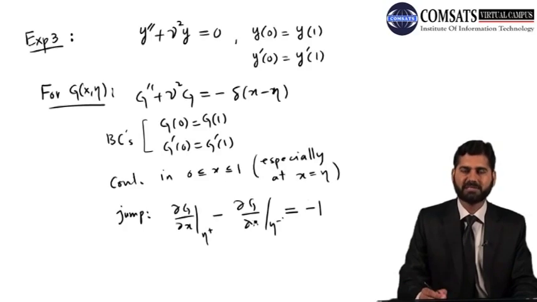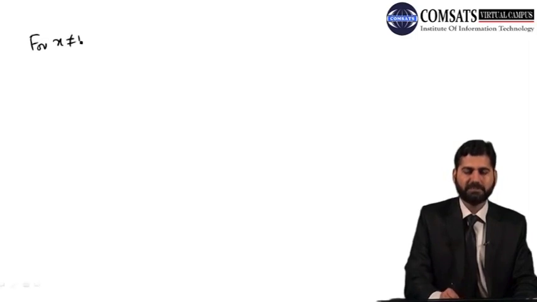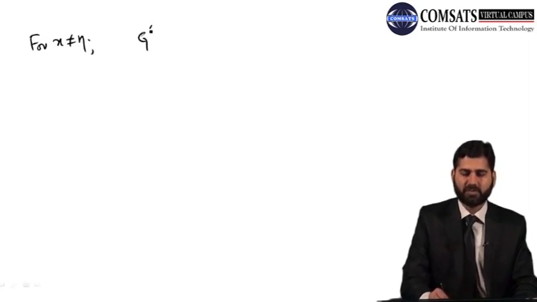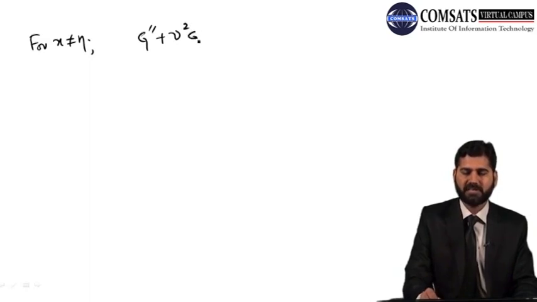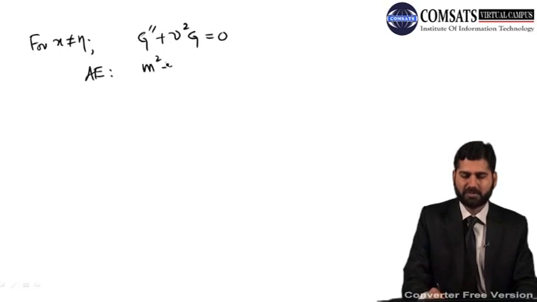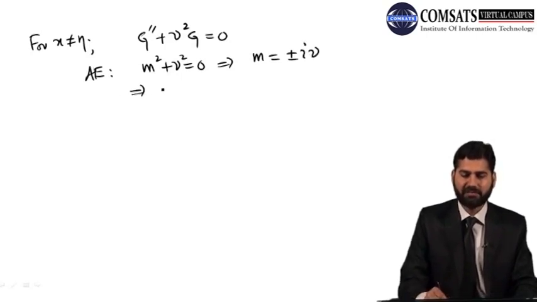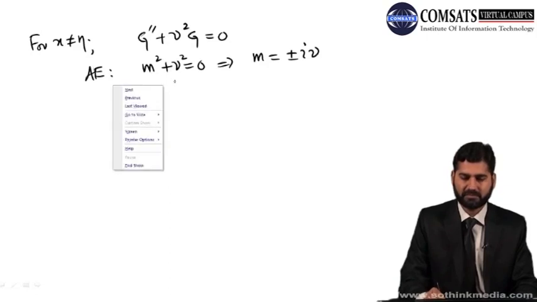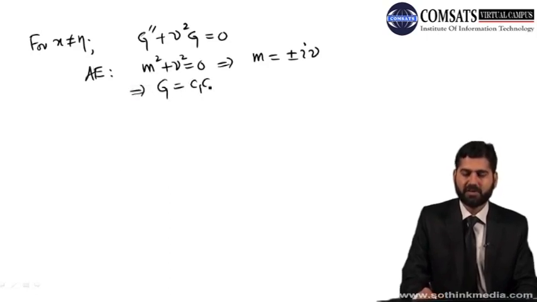We will follow exactly the same steps essentially, and let's see how this Green's function is different from the previous two. So for x not equal to eta, g double prime plus nu square g is equal to 0. The auxiliary equation is m square plus nu square equals 0, so m is plus minus iota nu. So g should have the form c1 cosine nu x plus c2 sine nu x.